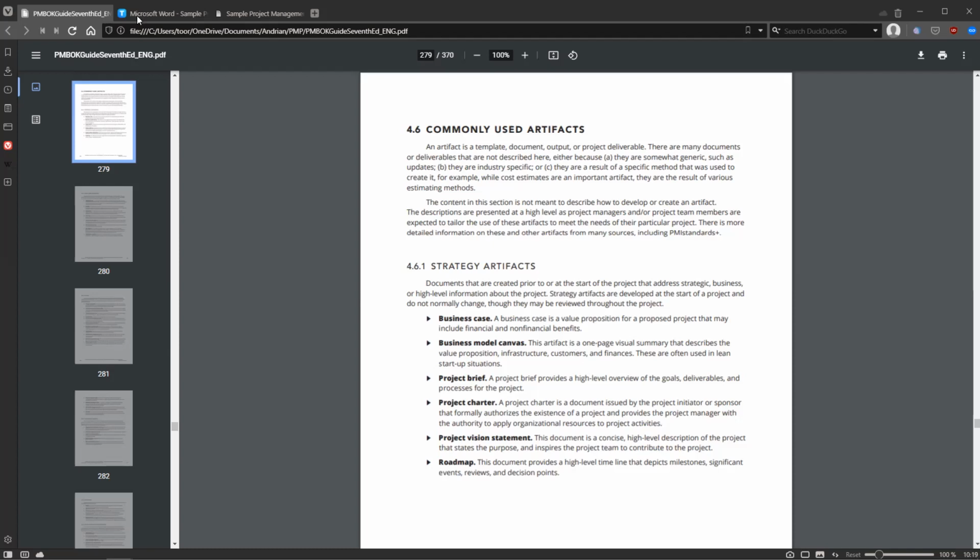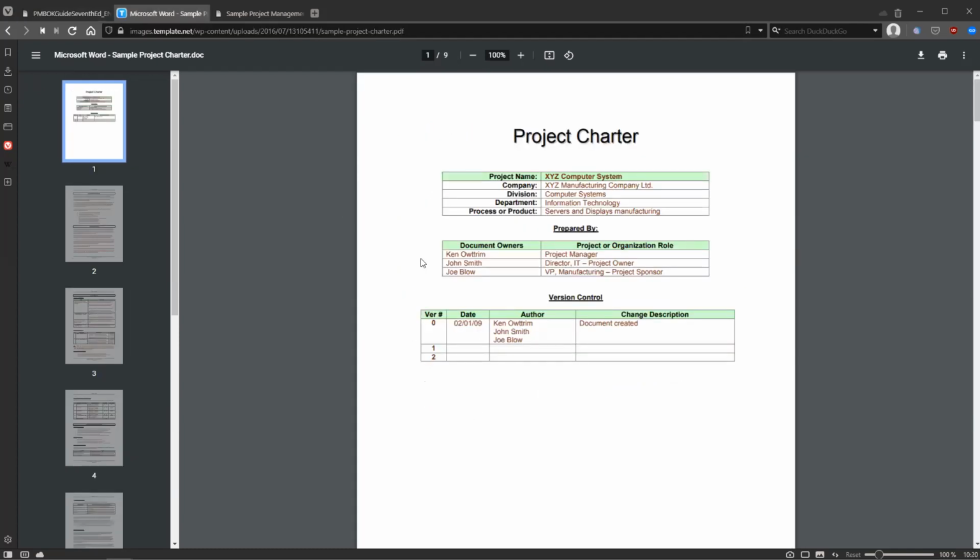Let me show you an example. So here's an example document. And by the way, if you have any questions, just stop me and I'll talk more about this specific topic. The project charter usually has the project name, the company where this project is executed, and some other details around the goal of the project, like the name of a targeted product, targeted process, or targeted change that this project is targeting.